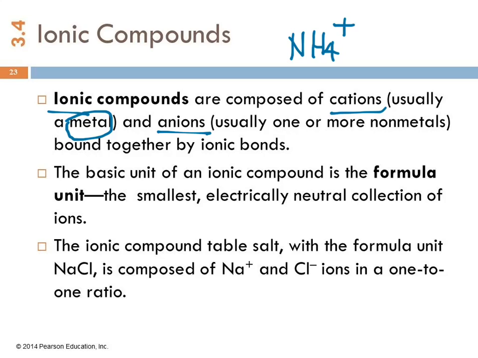That's the smallest electrically neutral collection of ions. The smallest ratio of cations to anions. So when we look at something like table salt, sodium and chlorine, NaCl, it's a 1-to-1 ratio. So this is not telling us that there's a sodium chloride molecule that has 1 sodium and 1 chloride in it, but that in this whole big array of this ionic compound, the ratio is 1-to-1.